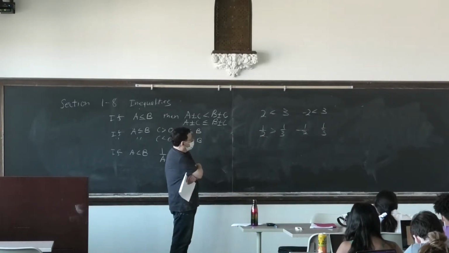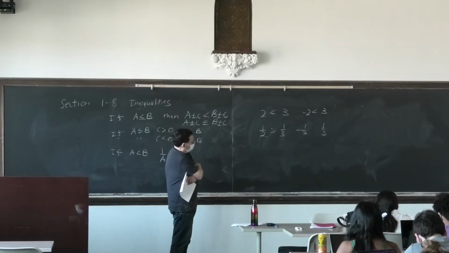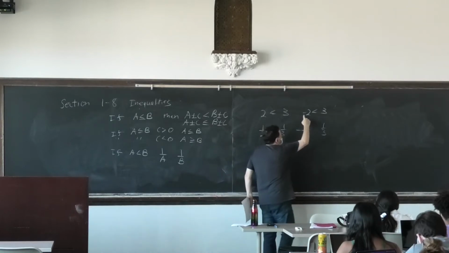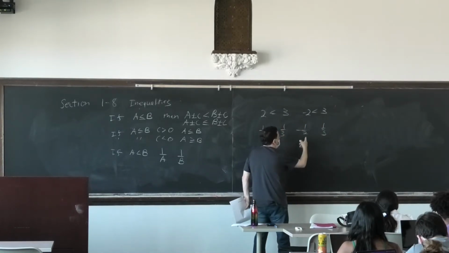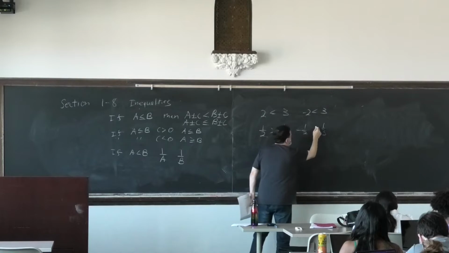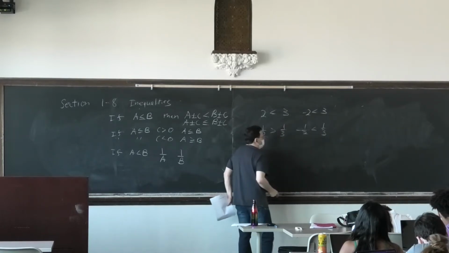What happens here? One of these is negative, but we didn't see this, right? Negative 1/2 is still less than 1/3.